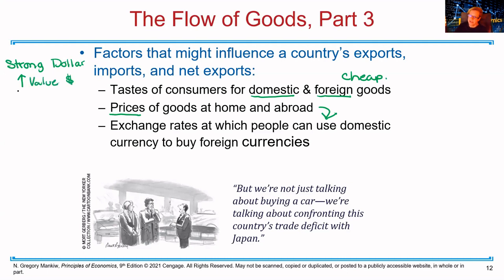One of the problems is that it hurts us in terms of our exports, because then things priced in US dollars become more expensive to foreigners. If we had a weak dollar, that would be a decrease in value, and the money supply would be increasing, which would help our exports.